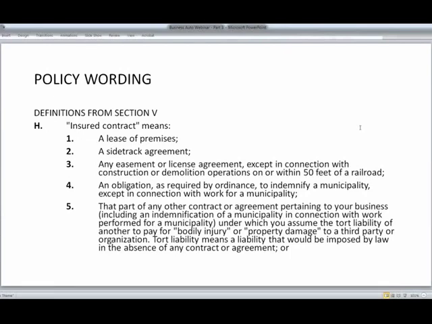That is a key part. Any other contract or agreement pertaining to your business, including one involving a municipality in connection with work performed in the municipality, under which you assume the tort, that's the negligent liability of another, for payment for bodily injury or property damage to someone else. Tort liability means the liability that would be imposed by law in absence of any contract or agreement.